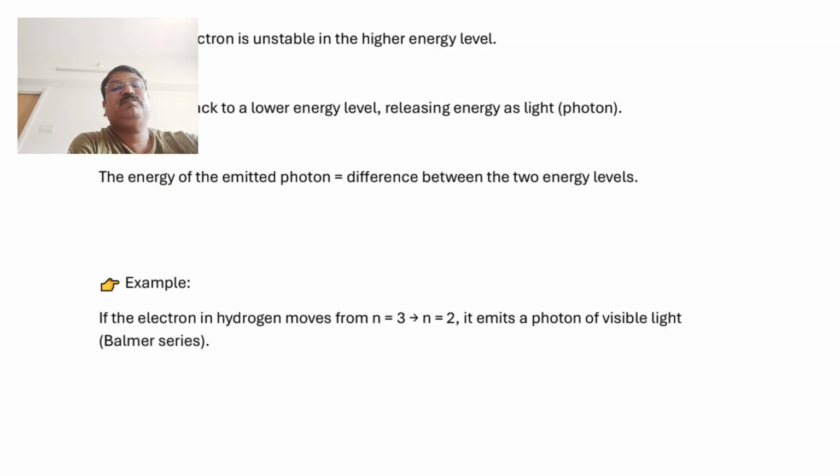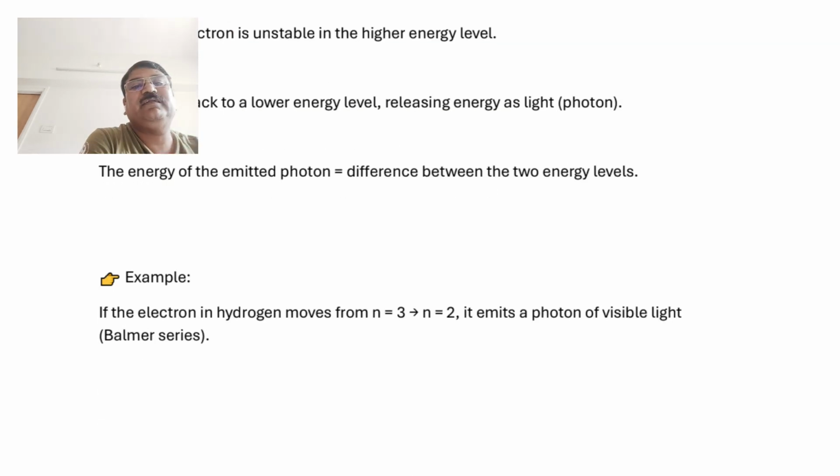This is called emission of energy, and this emission of energy is observed in hydrogen by electrons moving from the third energy level to the second energy level. There occurs emission of light in the visible spectrum. We are getting visible spectra, and the series of spectral lines which is formed is known as the Balmer series. So this is emission of energy.